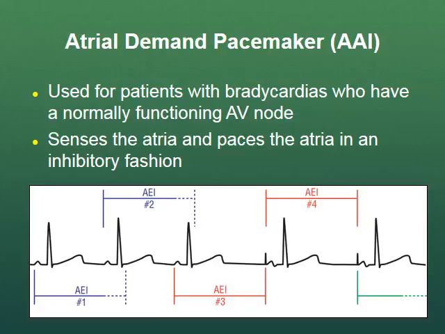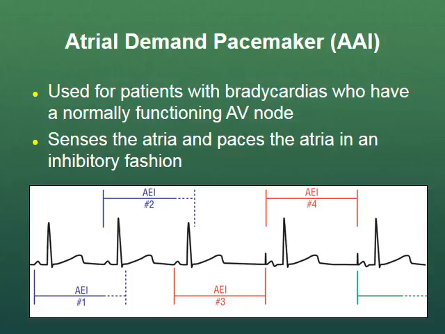Atrial demand pacemakers are used for patients that have bradyarrhythmias but also still have a functioning AV node. Basically, they sense the atria, and they pace the atria in an inhibitory fashion. So patients have a sinus node dysfunction, and it's going to be used to assist that sinus node, providing an impulse whenever it's unable to.